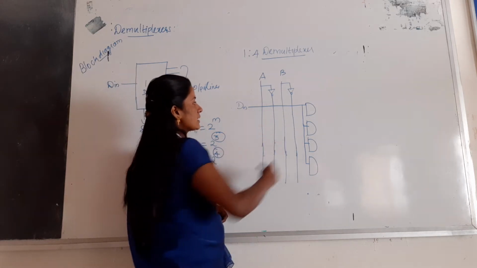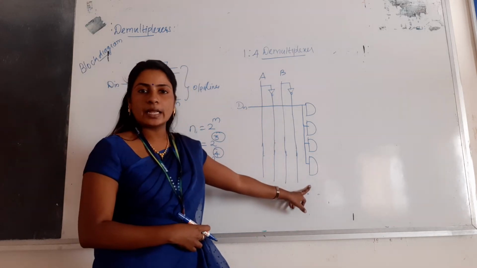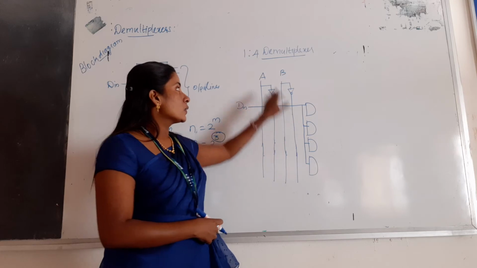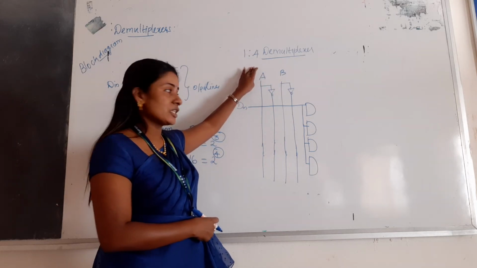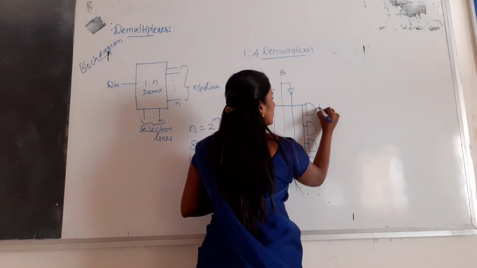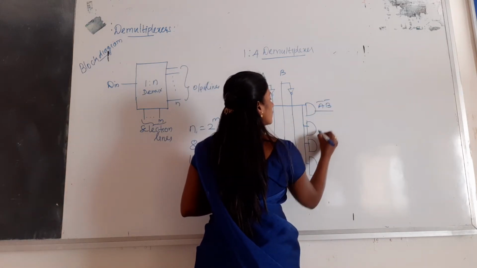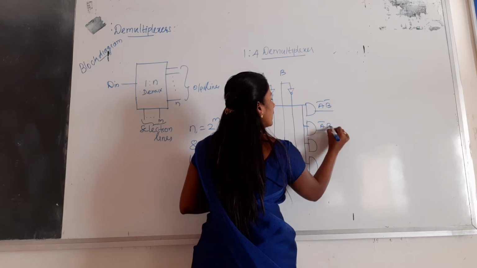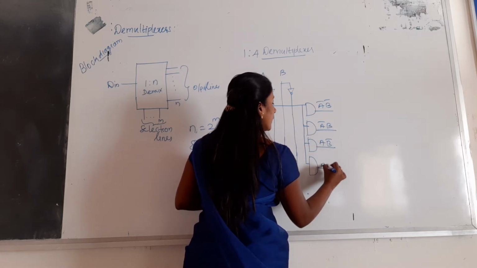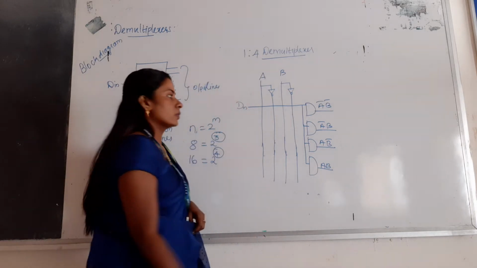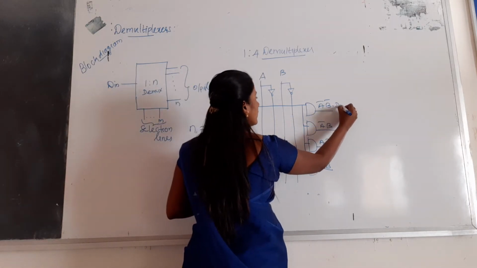Next, this selection can be done using control inputs or selection inputs. So that is nothing but A bar B bar, A bar B, A B bar, A B, into DIN.